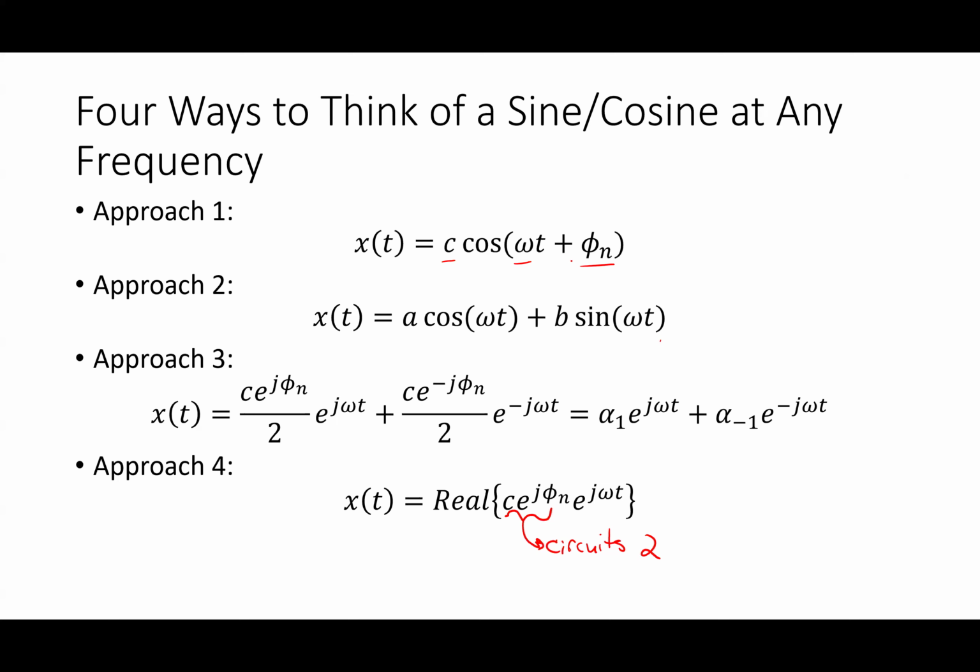That waveform can be thought of in 3 equivalent ways. The first equivalent way is to think of this as an additive combination of a sine and a cosine. I can also think of it using 2 vectors that rotate in the complex plane.